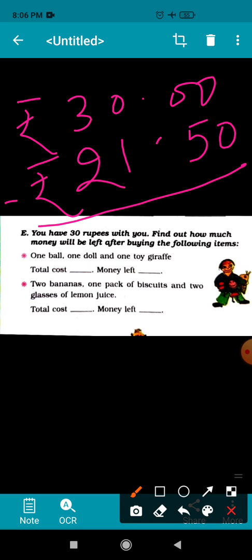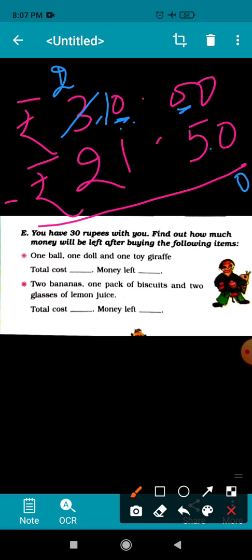So 0 minus 0, 0. 0 minus 5, not possible. So this 0 will borrow from this number. You can see here 0 is present. So this 0 will first borrow from its neighbor and here it will become 2 and here it will come 1. So it becomes 10 now.